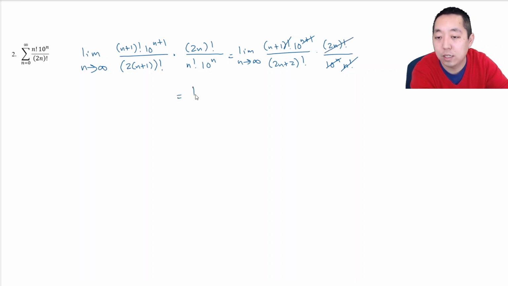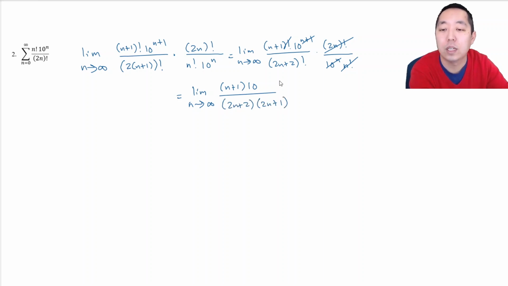So I really get limit as n goes to infinity. I'm going to have an n plus 1 still here. I'm going to have a 10. And then on the denominator, I'm going to have a 2n plus 2 and a 2n plus 1. Because this is really 2n plus 2 times 2n plus 1 times 2n times 2n minus 1, etc. And then this is 2n times 2n minus 1, etc. And that will cancel.